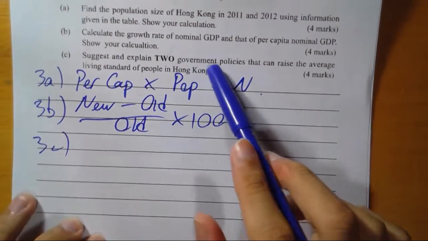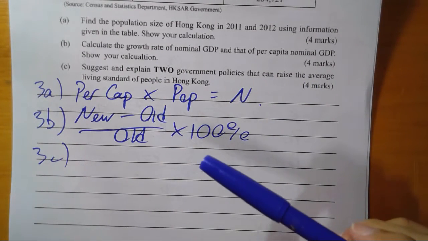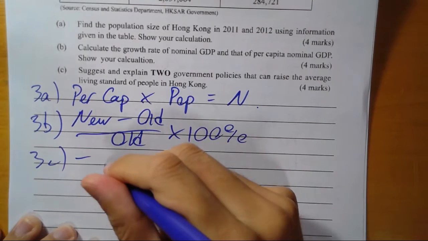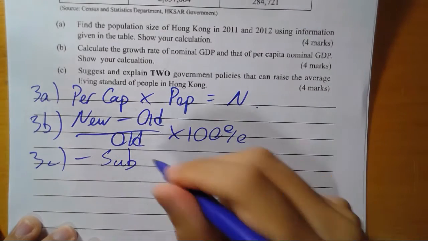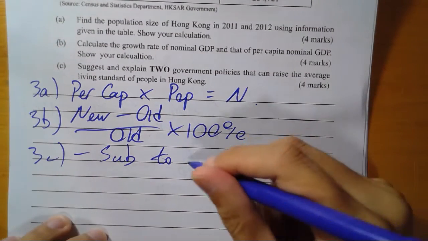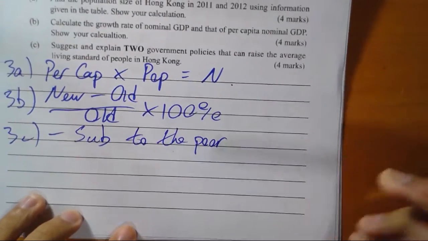Now, 3C. Suggest and explain 2 government policies that can raise the average living standard. This is kind of like an essay type question, 係咪啊？嗱，我哋要幫政府諗啲政策嚟提升我哋嘅生活質素喎。Many things. For example, many of you say provide subsidy to the poor. Why? How does it help?